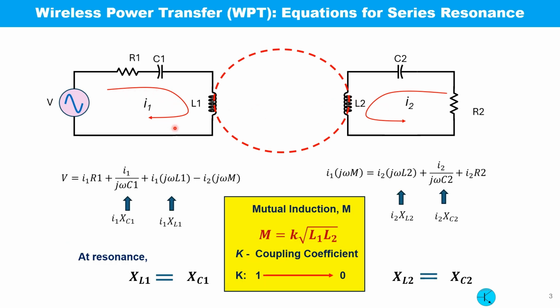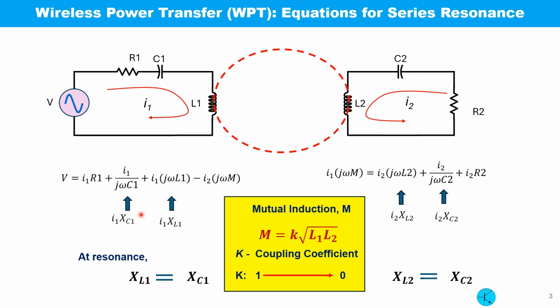Now if the current through the primary circuit is I1, the AC circuit equations for the primary side and the secondary side can be written by these two equations. For the primary side, V is the source voltage, I1 R1 is the drop across the resistor R, and this is the voltage drop across the capacitor, the term 1 over j omega C1, which is called the capacitive reactance.